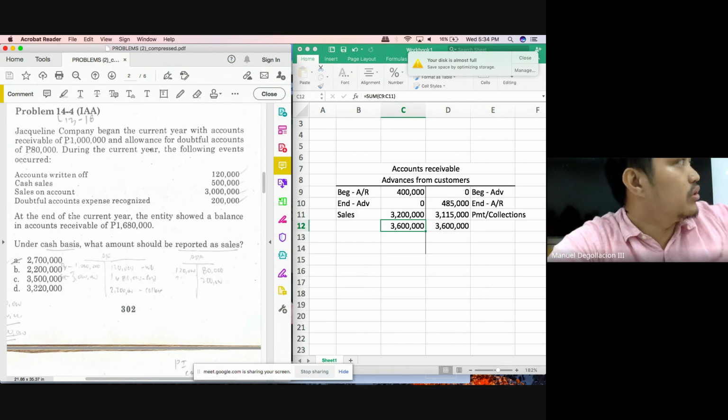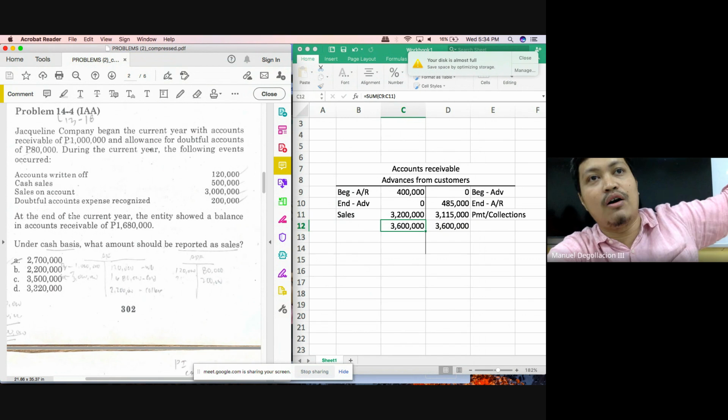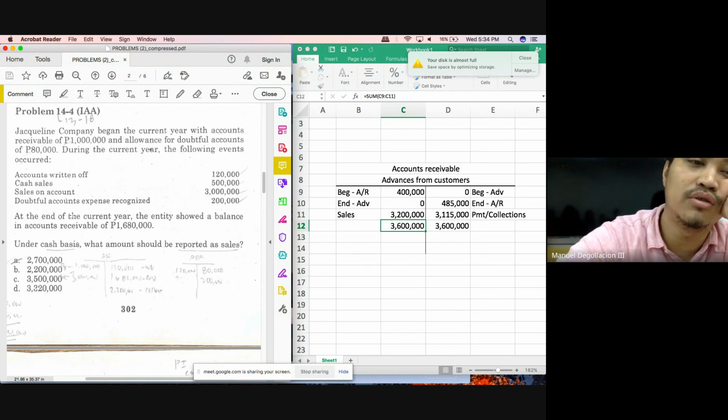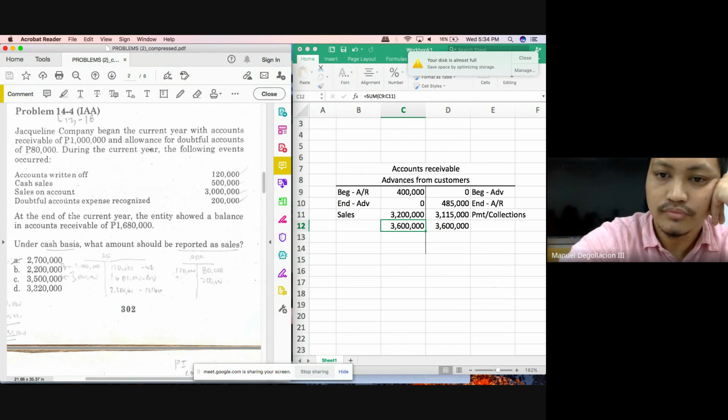Okay, we will put that in our T account, but I hope you understand that your cash sales will not go through your AR anymore. But for purposes of our analysis, let's just exclude the cash sales. Sales on account, how much? $3 million.